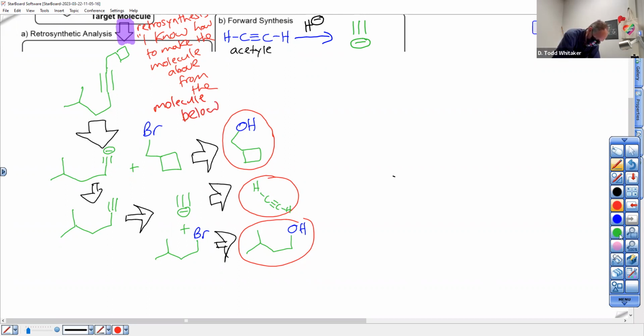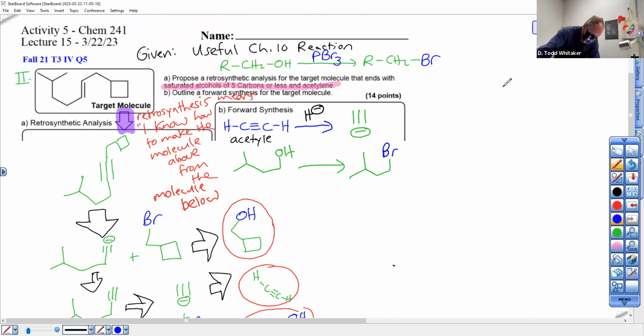Okay, my alcohol needs to become an alkyl bromide with the same number of carbons. What chemical allows that transformation? Please just copy it. It's already given to you.